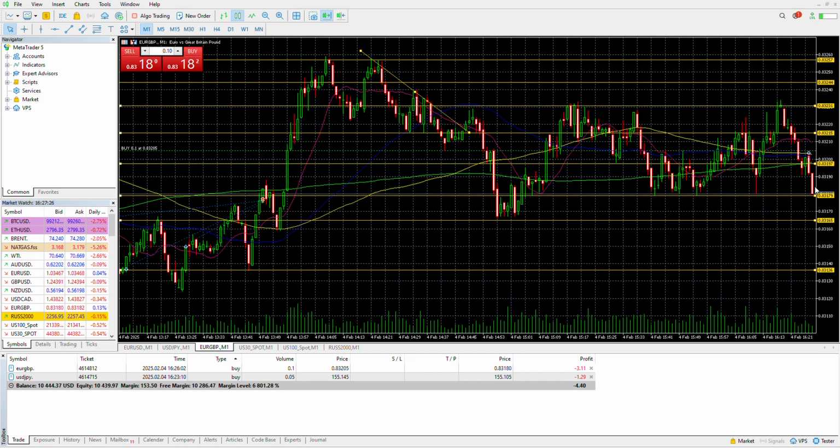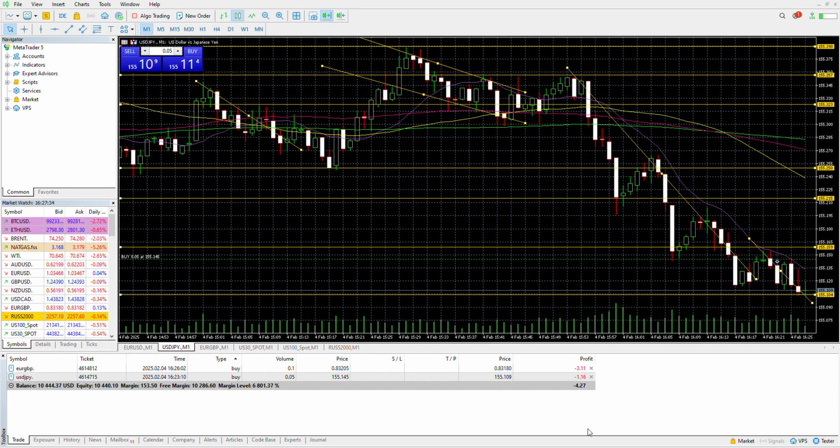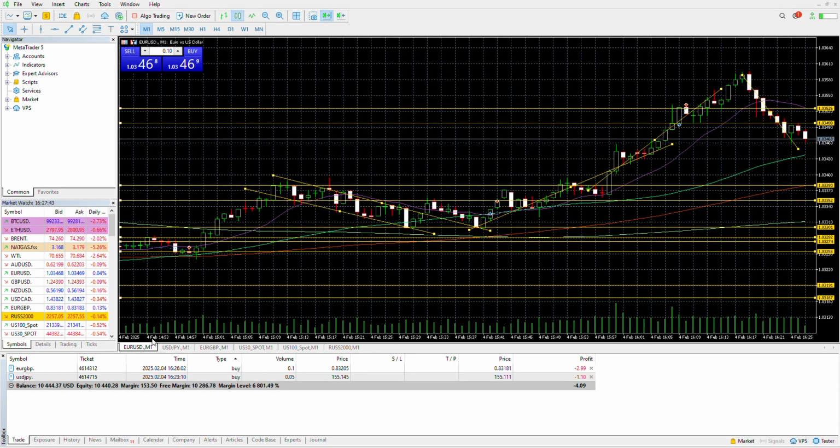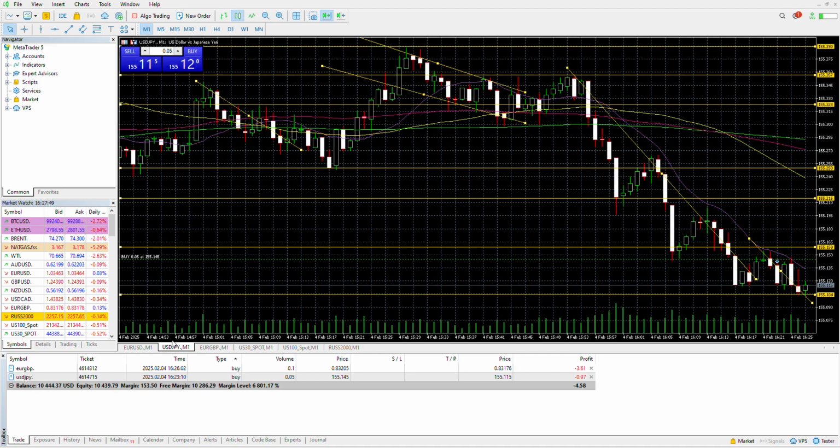That's why it's down $3. Right here. Premature entry. The size allows me to be patient to a very, very high degree. It allows me to be patient, very, very patient.